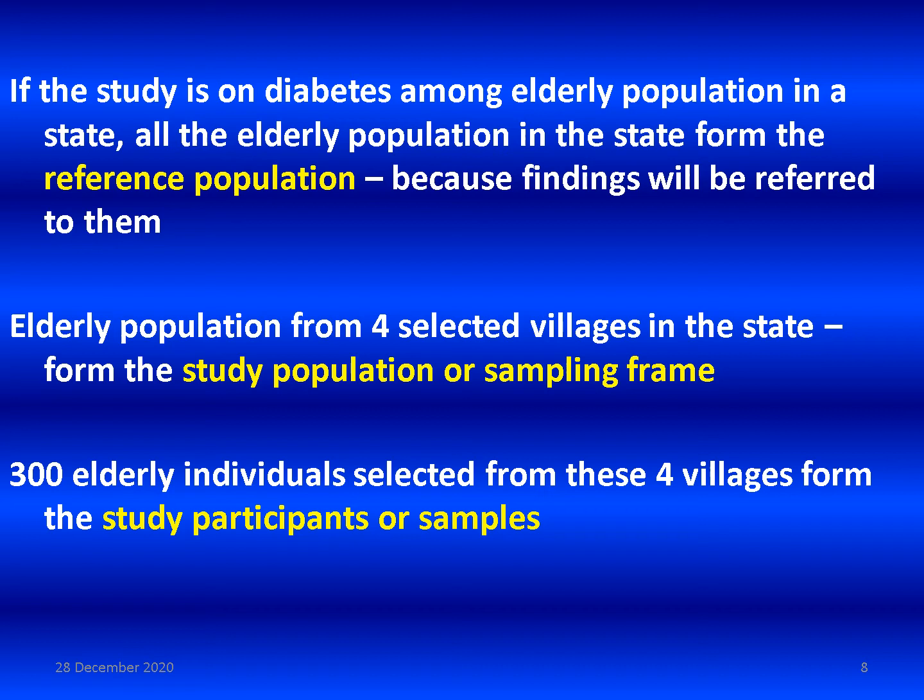If the study is on diabetes among the elderly population in a state, all the elderly population in that state form the reference population, because findings from the sample will be referred to them.